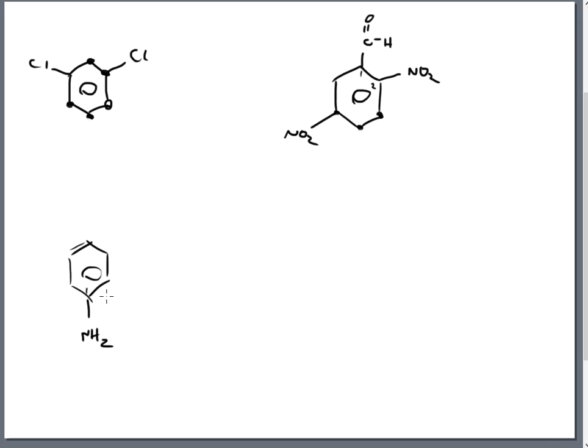Now, I've got to come up with a 3-chloro and a 4-bromo. So just to mess with you more, I'm going to go left-handed. I can do it. So there's carbon 1, carbon 2, there's carbon 3. So at carbon number 3, we have a chloro group. And then at carbon number 4, we have a bromo group.